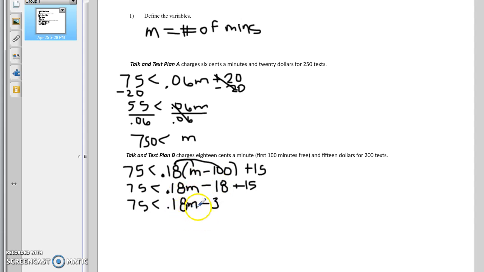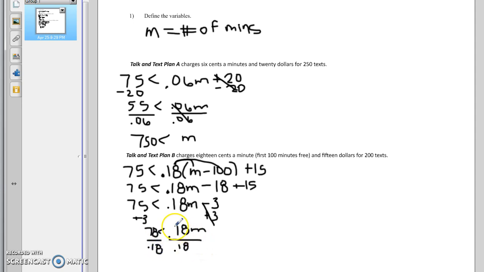Again, I'm solving for m, so I want to go ahead and isolate this variable. I'm going to go ahead and add 3 to both sides, plus 3, and 0.18m is less than 78. Okay, almost done. I don't want 0.18m, I want 1m, so I'm going to divide both sides by 0.18.